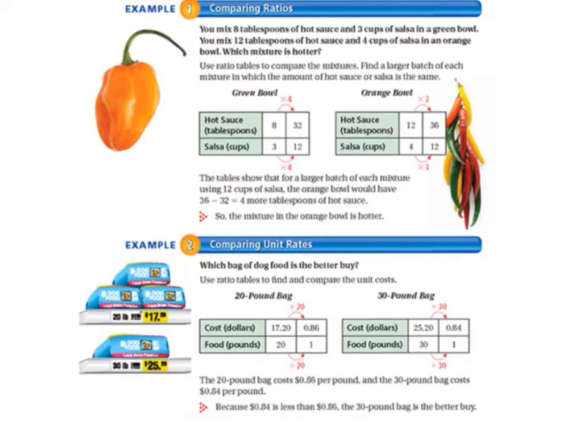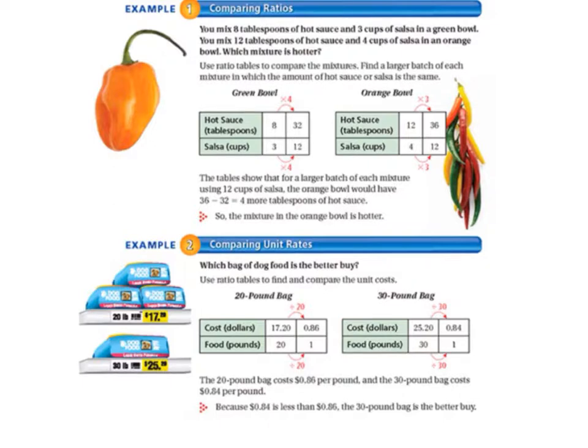So if we look at our green bowl mixture, our hot sauce began at 8 tablespoons and our salsa was at 3 cups, and then we multiplied by 4 to get 32 tablespoons of hot sauce and 12 cups of salsa.